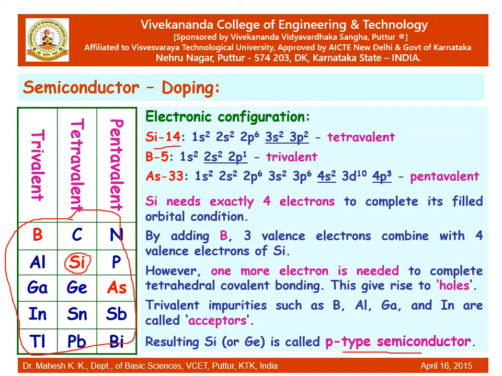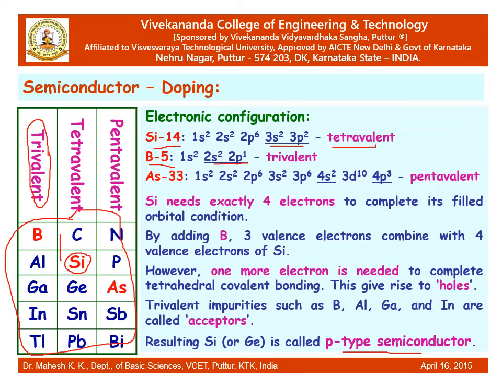Its atomic number is 14, so 3s2 3p2 is there, so we call this tetravalent. For this we are going to add boron. Boron is trivalent, which is on the left-hand side of silicon in the group, because boron has the electronic configuration 2s2 2p1.